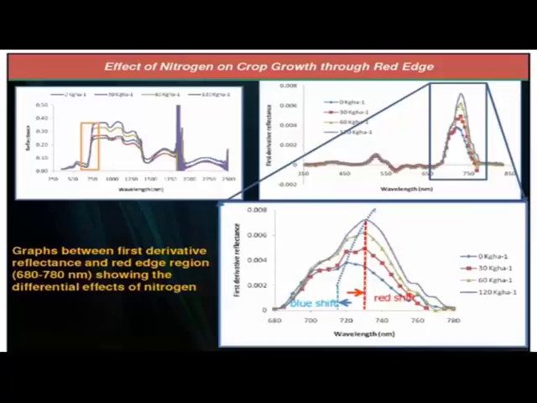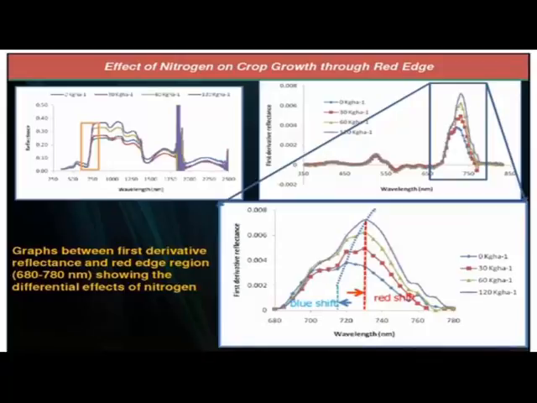One is with respect to nitrogen treated plants, 0 kg, 30 kg, 60 kg and 120 kg, the inflection point, or what we call the red edge value, is the perpendicular height from the baseline. This height is called the red edge value. That red edge value changes significantly from one treated plant to another, from 0 to 120 kg, and they are directly proportional to each other.